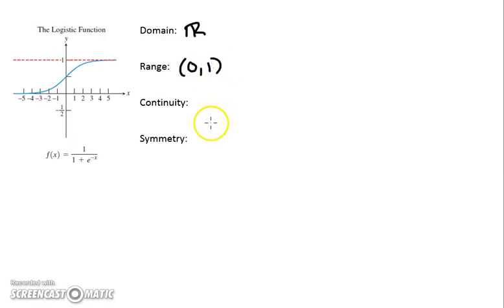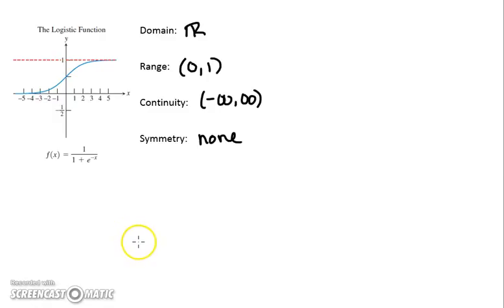We're never going to hit 0 or 1. It's going to be continuous over its entire domain, and it does not have any symmetry. Generally, what these are used for is talking about populations. Population growth is generally logistic, and that's how we're going to talk about it when we get into calculus next year.